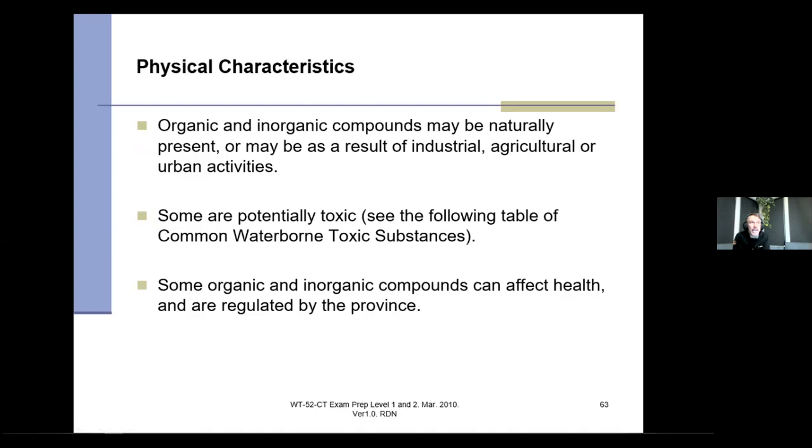Again, there are organic and inorganic compounds, and they could be introduced through industry processes, or they could be in there naturally occurring. Some are toxic, which is not very good. And some compounds can affect health and are regulated by your particular water purveyor.